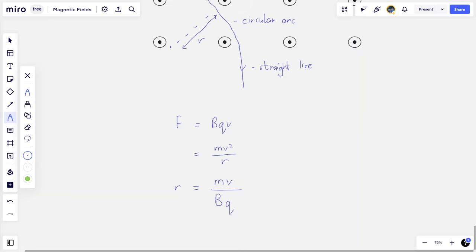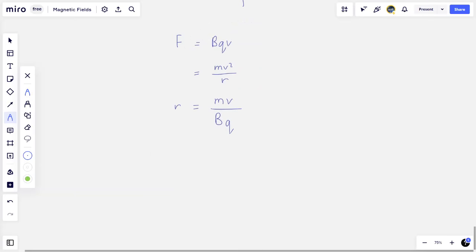That's very important because I can use the size of the radius of the arc of a charged particle to find its velocity, or even to find the field strength B. If I know what the velocity and the flux density are, I can find out m over q using this expression. And so I can identify what type of charged particle is going into a magnetic field. Very interesting application.